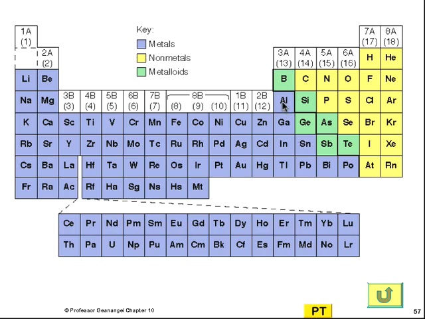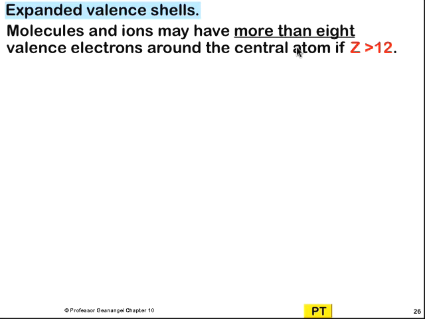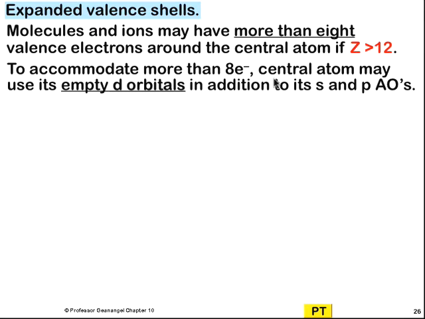You can't even see it here, but aluminum is element number 13. Z is equal to 13. So starting with aluminum, you can have an expanded octet, which means greater than 8 electrons. It usually happens when you have molecules or ions that are formed with highly electronegative substituents like oxygen and fluorine.